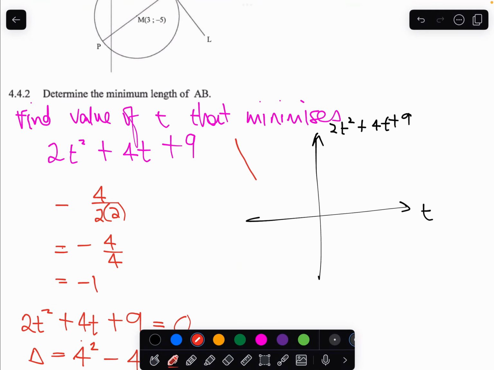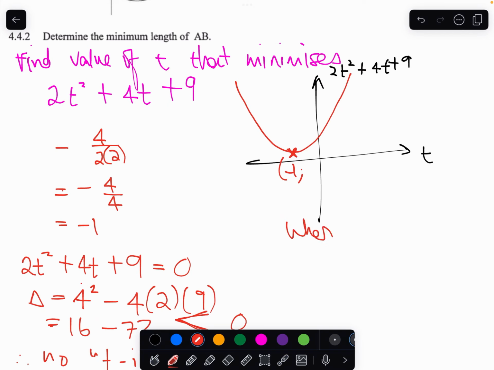So it's going to look something like this, right? And what we are interested in is this point over here where this expression is at its lowest, and we know that happens when t is equal to minus 1. So when t is equal to minus 1, what is the value of this expression?